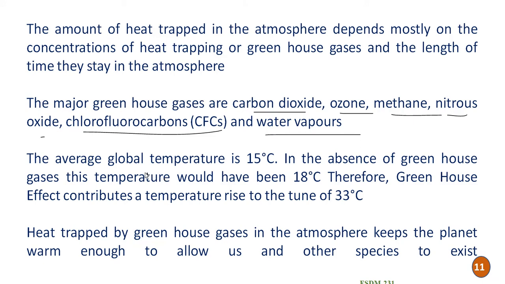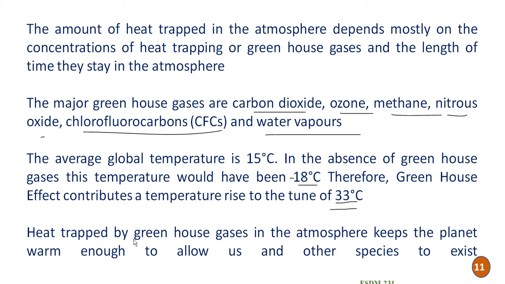The average global temperature is 15 degrees Celsius. In the absence of these greenhouse gases, this temperature would have been minus 18 degrees. Therefore, the greenhouse effect contributes to the temperature rise to the tune of 33 degrees Celsius.